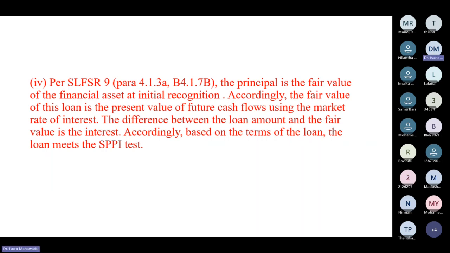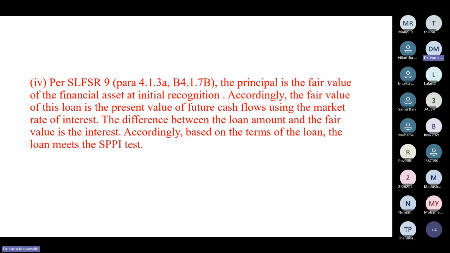The principal is the fair value of the financial asset at initial recognition. Accordingly, the fair value of the loan is the present value of the future cash flows using the market rate of interest. The market rate of interest needs to be taken and take the present value, right? Any difference between the present value and the given value should be charged to P&L as an interest.